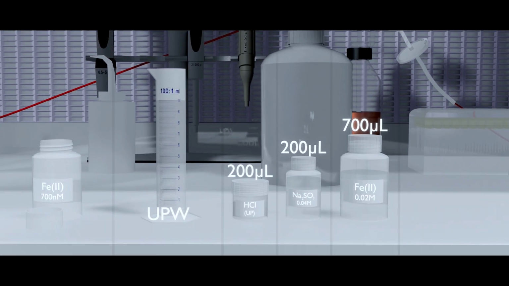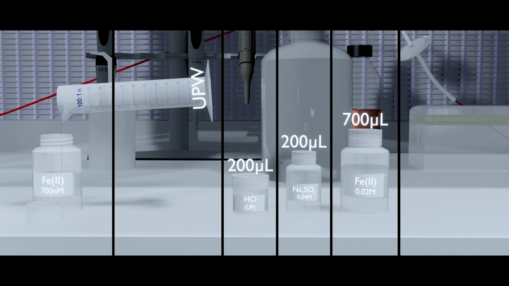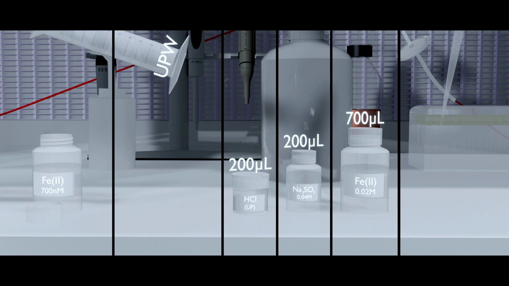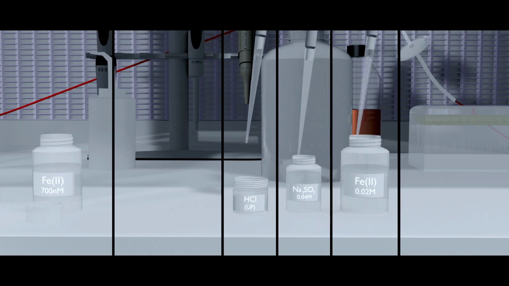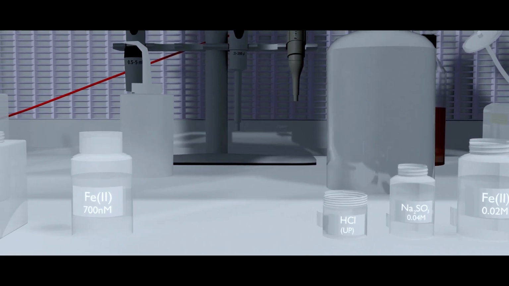We monthly prepare a concentrated stock, and daily we produce a diluted stock. To observe iron 2 oxidation, we first need to add the iron 2.